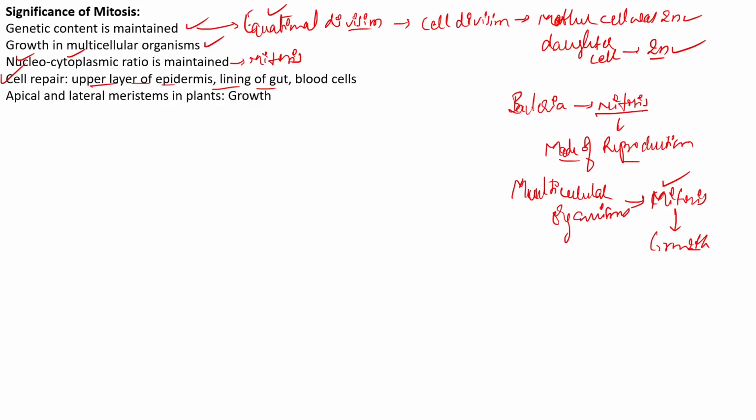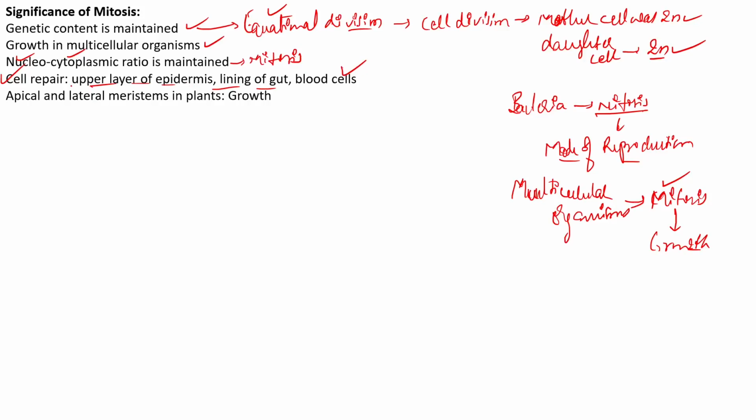So now these epithelial cells present in the gut lining are regenerated. They are reformed, and that is again mainly because of mitosis. Even the blood cells, as we all know, the RBC has a lifespan of around 120 days. The dead RBCs are destroyed in the spleen, but new blood cells are produced immediately through the bone marrow.